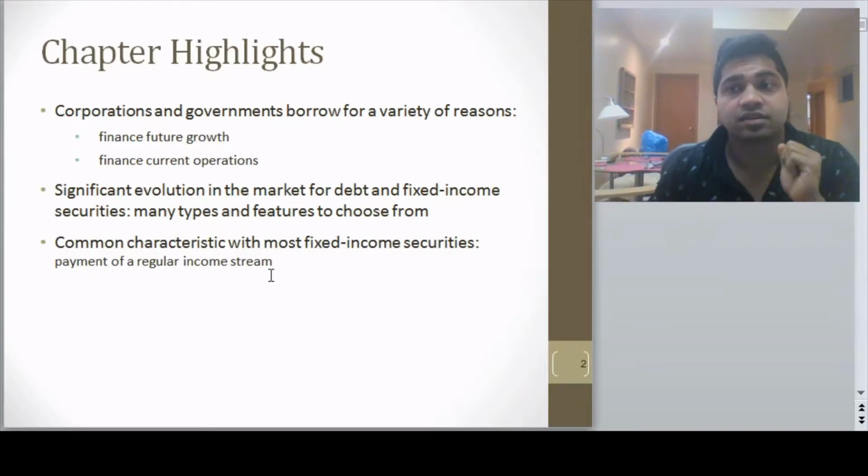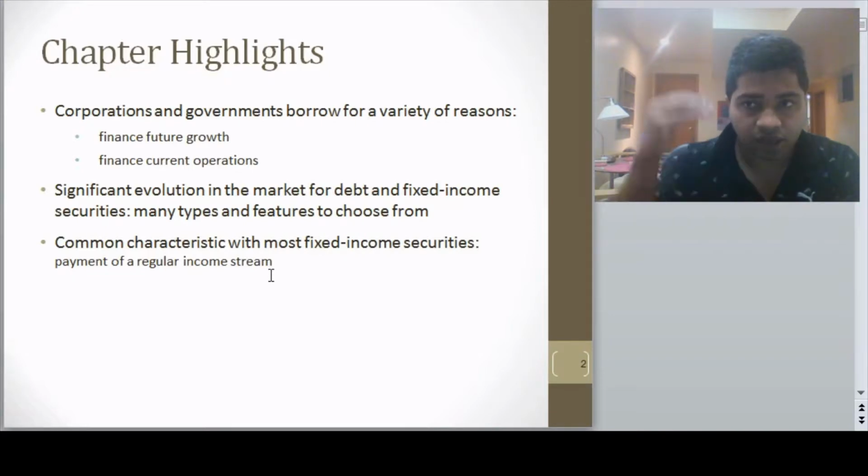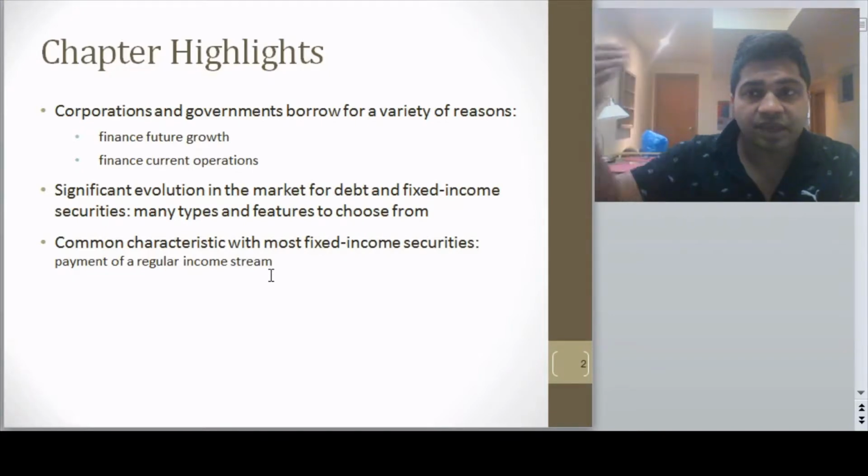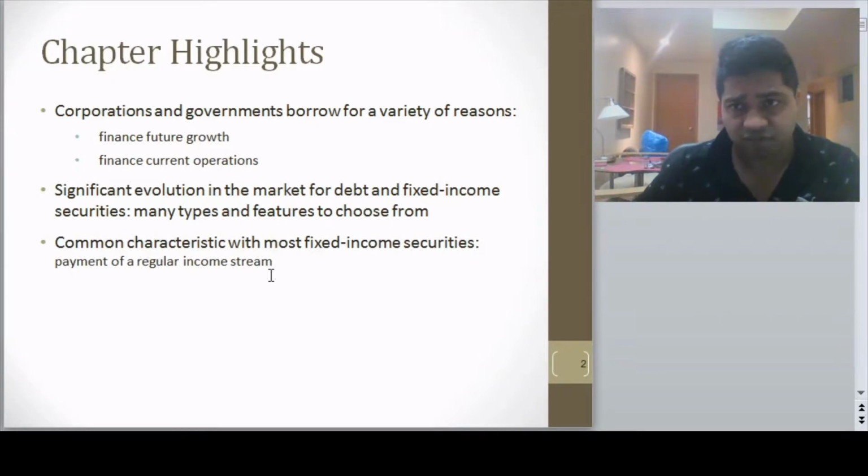So once again, you pay something to buy that security, that is called the price of the security. The security pays you coupons at regular intervals. Some securities may not, but the typical security pays coupons at regular intervals, and when the security matures it pays you face value.